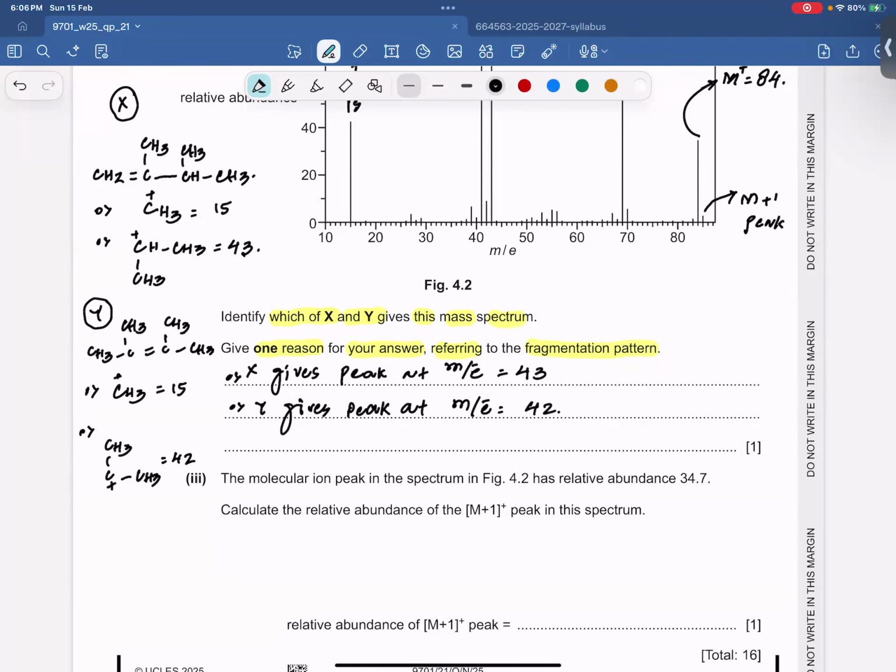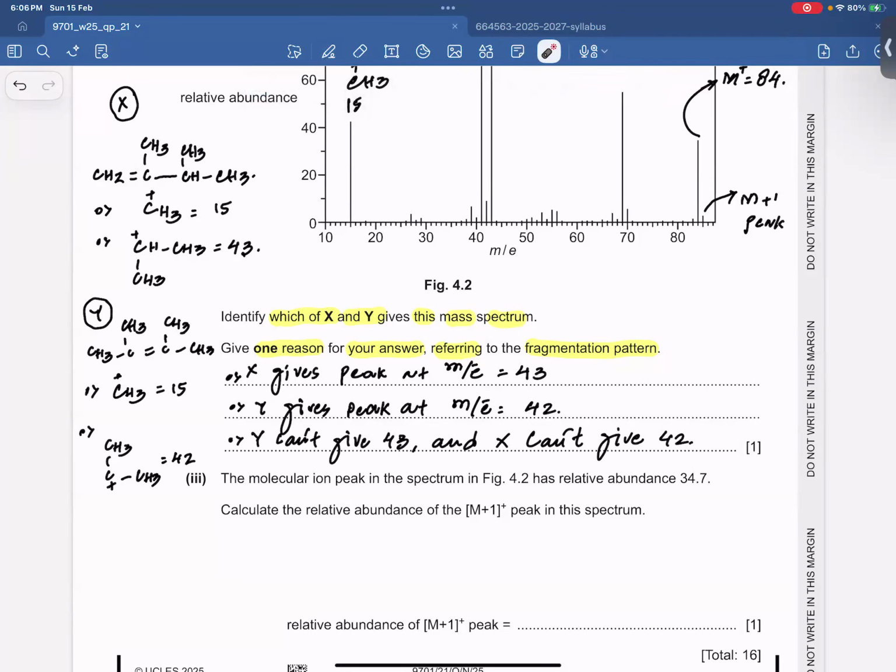So X cannot give 42 and Y cannot give 43. Y can't give 43 and X can't give 42. So basically you need to write all these points to get 1 mark.